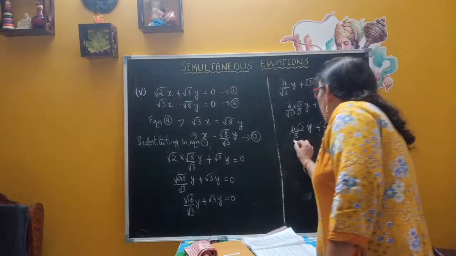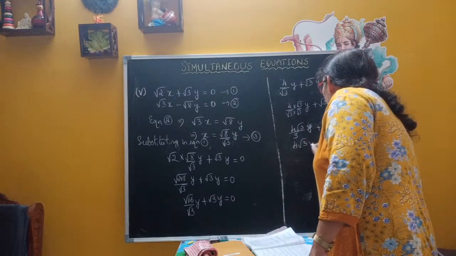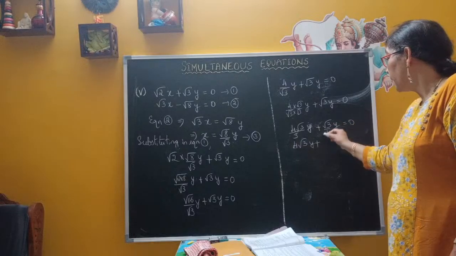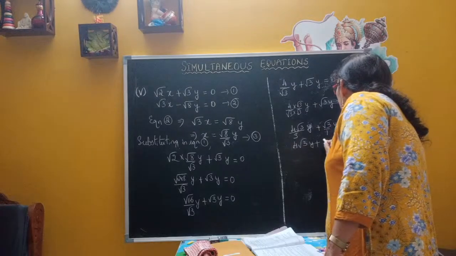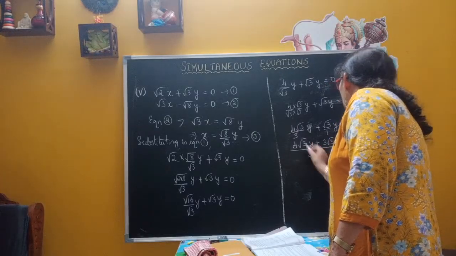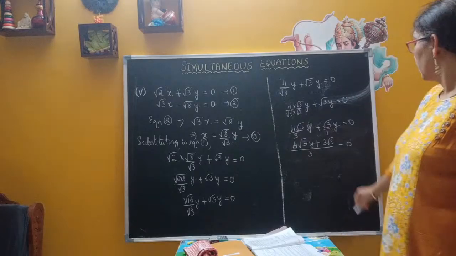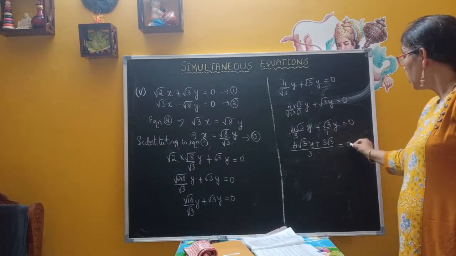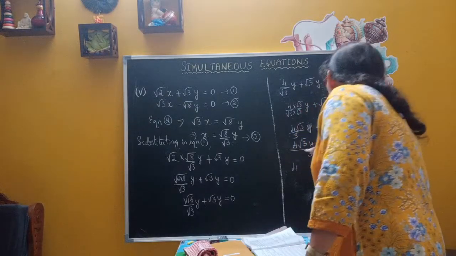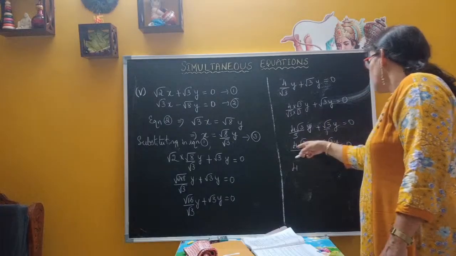So 4 root 3 y, nothing to change here, plus we multiply both the numerator and the denominator by 3. What do we get? It is 3 root 3 y by 3, the common denominator, is equal to 0. When you transpose, just cross multiply, 3 into 0, we get 0 on RHS. So 4 root 3 y plus 3 root 3 y, what do we get here? It is 4 plus 3, 7 root 3 y.